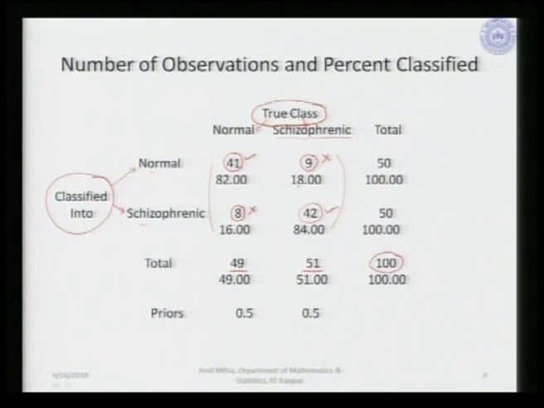So, we have 18% of the 50 classifications made in the wrong category, and 16% in this row going to the wrong category. Here we assume equal priors, 0.5, 0.5 for the two populations.